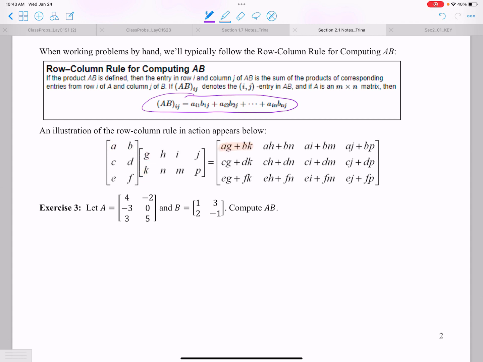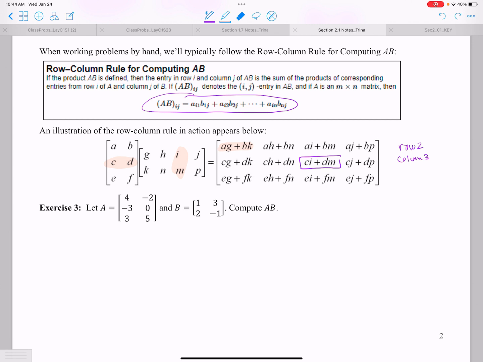So for any entry, let's look at this one. It is in row 2, column 3. So I'm going to take row 2 of my first one and column 3 of my second one, and I'm going to do the dot product. So that tells me C times I plus D times M. And that's where that entry comes from.